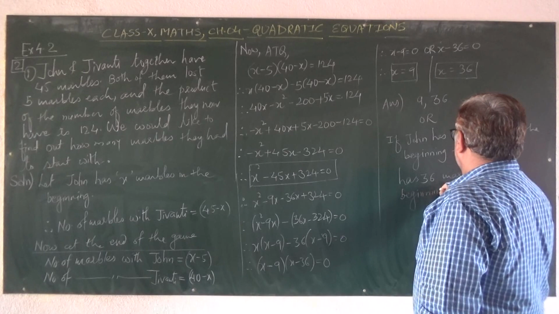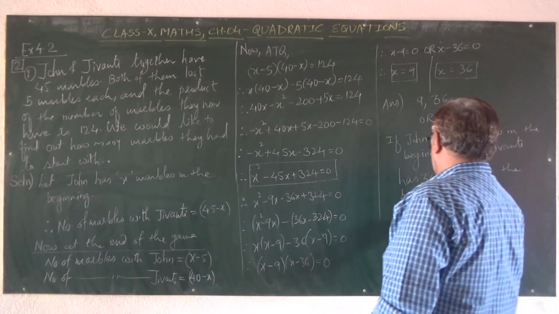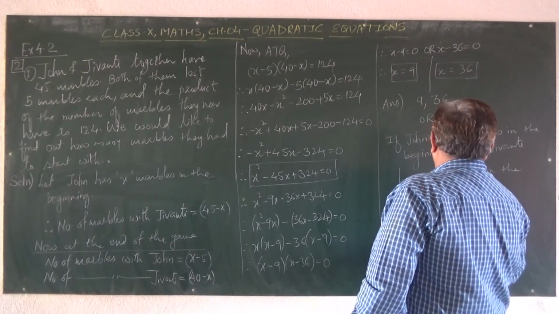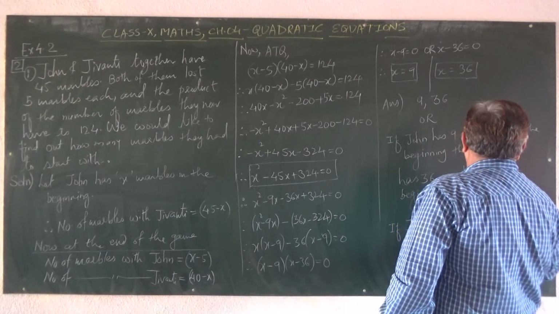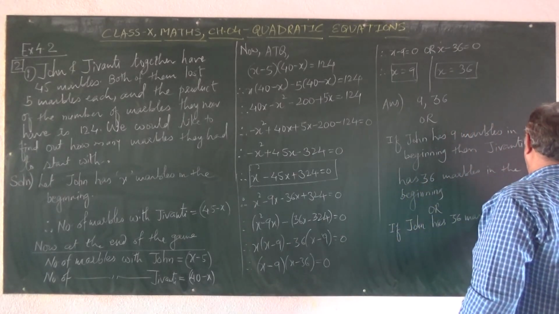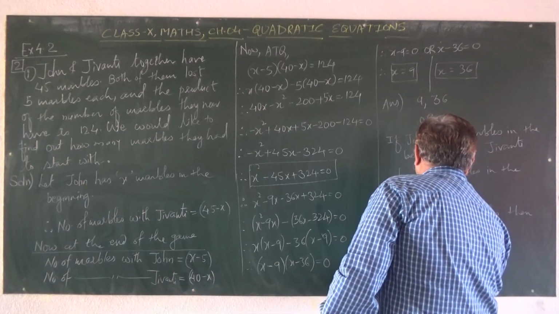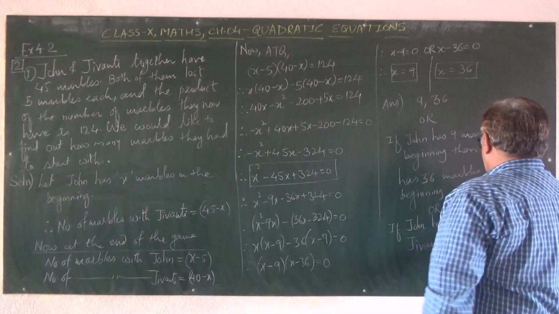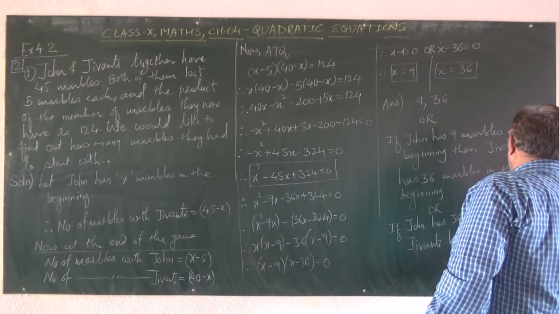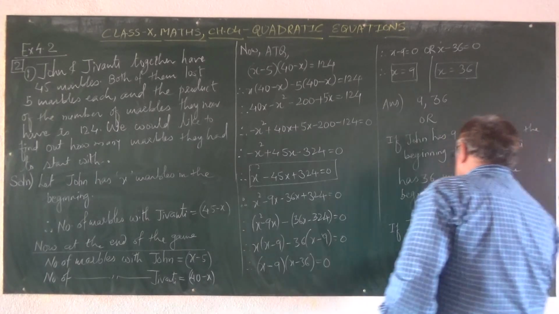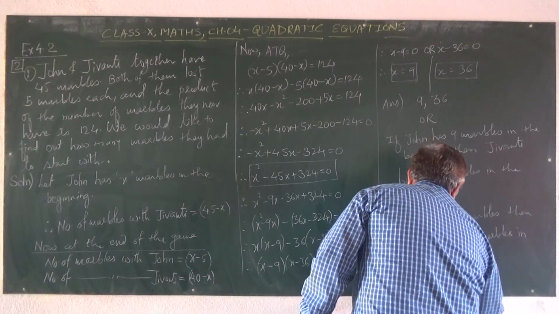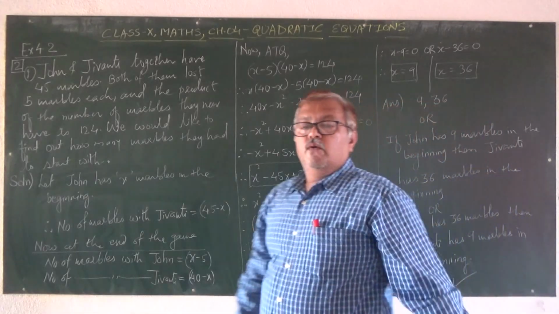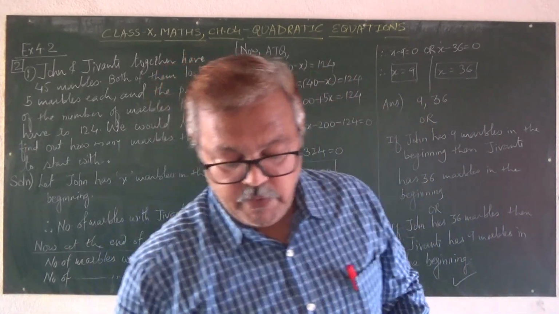Okay, or if John has 36 marbles, then G1T has 45 minus 36, 9 marbles in the beginning. Okay. Hope you have understood this word problem. Okay.